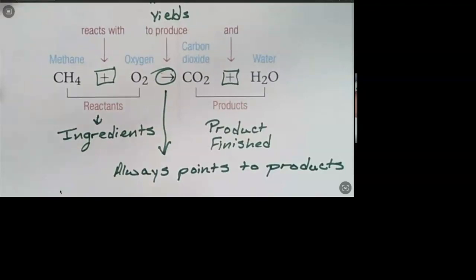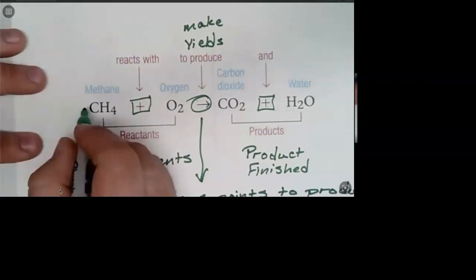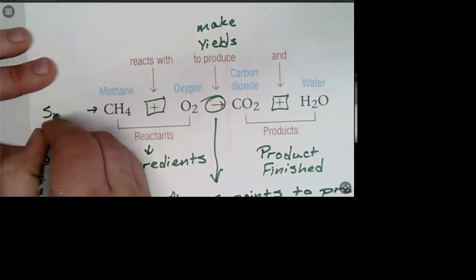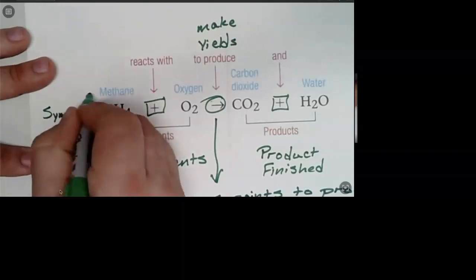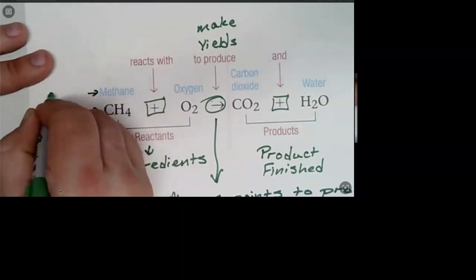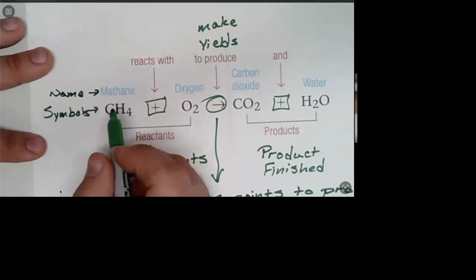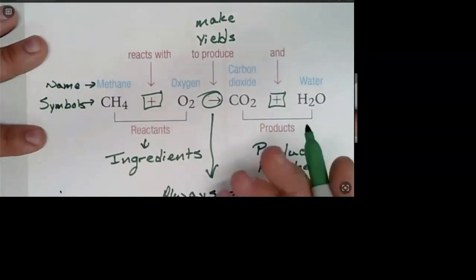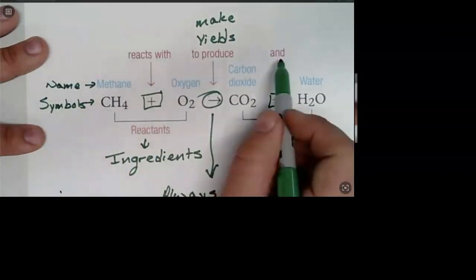We're just going to deal with the single direction yields arrows. This represents the symbols, and this represents the names. The top part would be how we write it out in a sentence, whereas the symbols are how we write it out symbolically, so we don't have to write this very long methane reacts with oxygen to produce carbon dioxide and water.